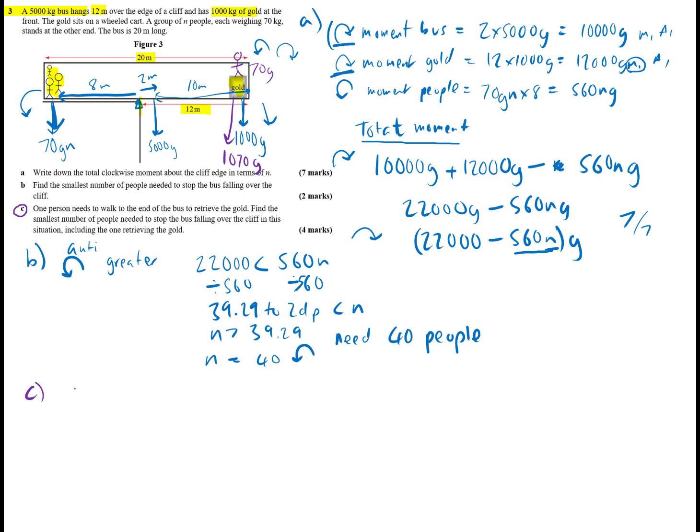So we still have the same moment from the bus. The moment of the gold is going to equal the 1000 plus the 70, all times g, and times the distance, which is 12, so that's going to be 1070g times 12.